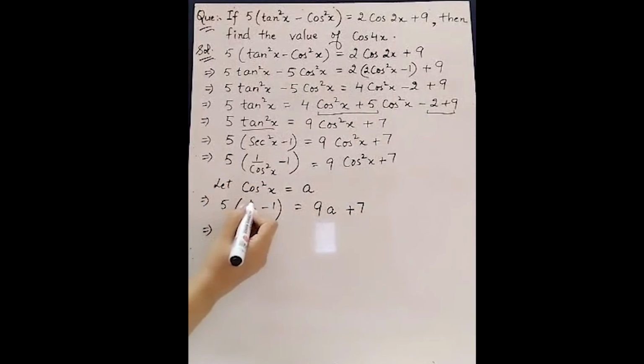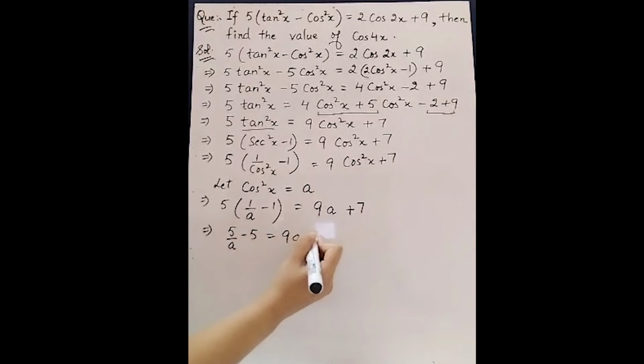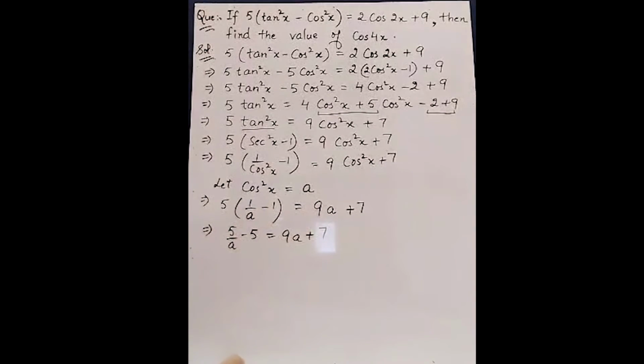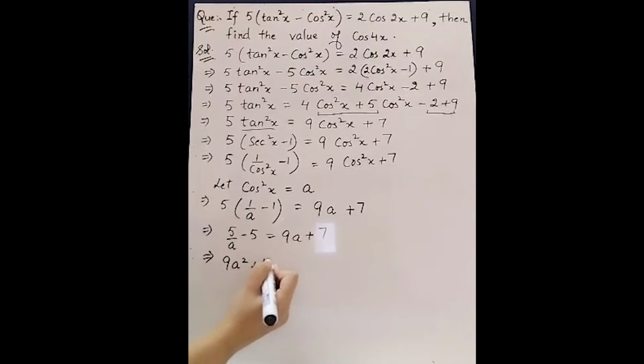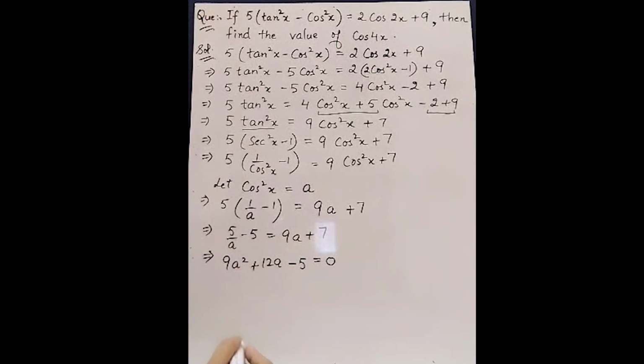First step: 5 into 1 upon A minus 5 is equal to 9A plus 7. So when we solve this equation, it will become 9A square plus 12A minus 5 is equal to 0. After that, we use the factorization method here.